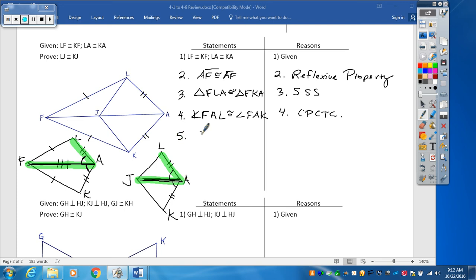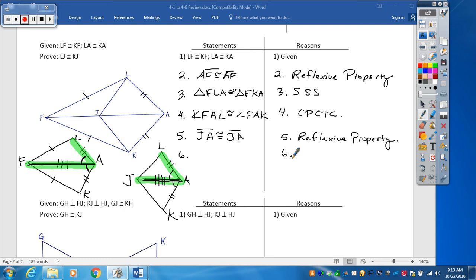So JA is congruent to JA, within both triangles, by the reflexive property. If I mark that out, 4 marks there.